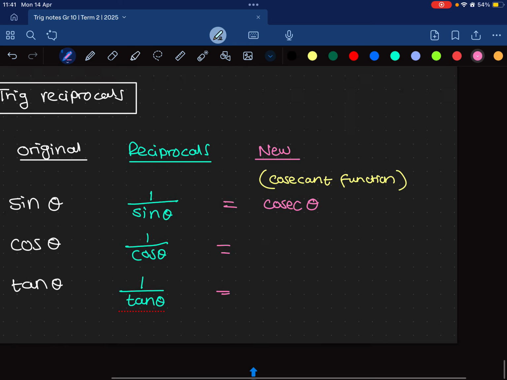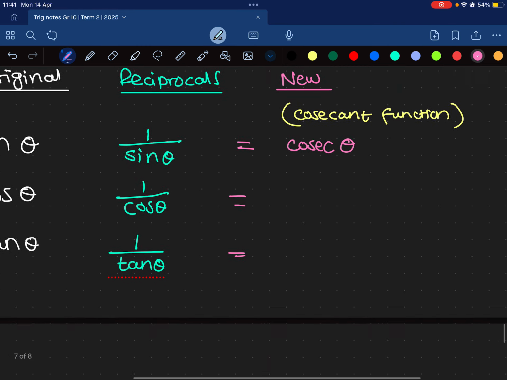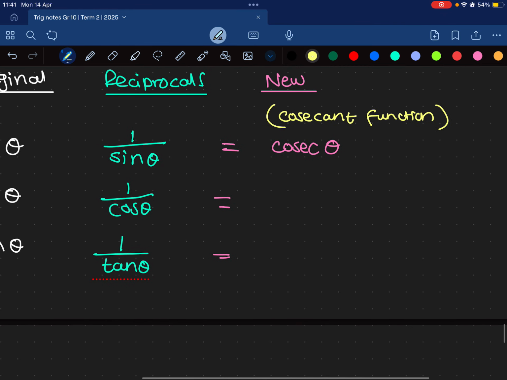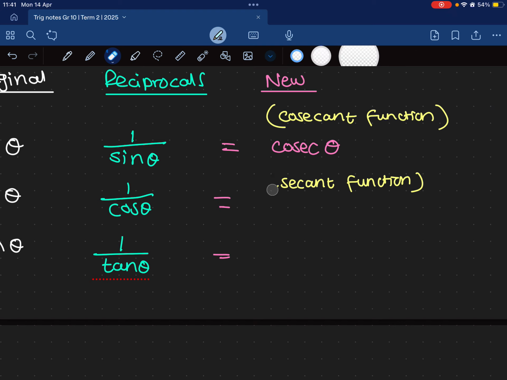Then for cos, we're going to use the reciprocal for cos, which is going to be the secant function, but the simplified way of writing it in the equation is going to be sec theta.